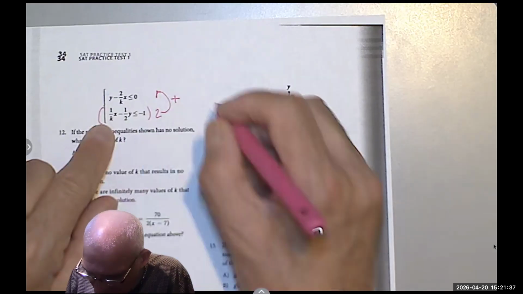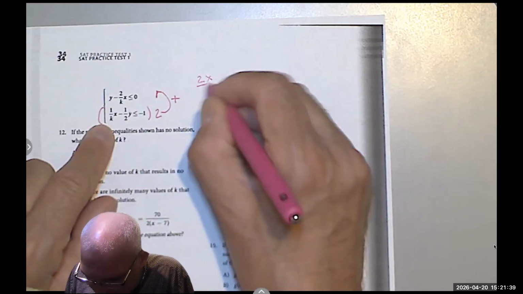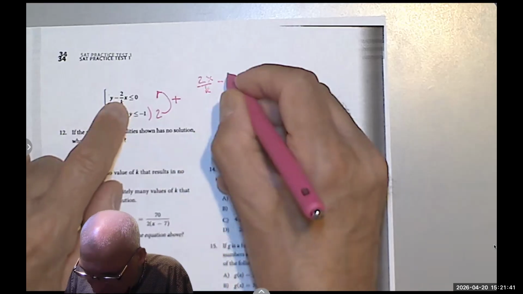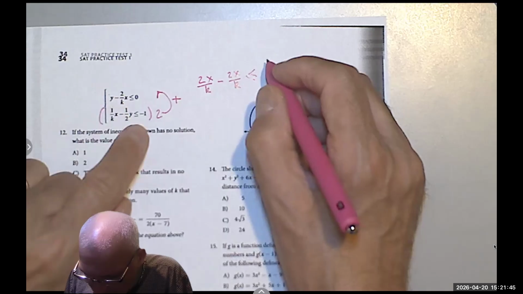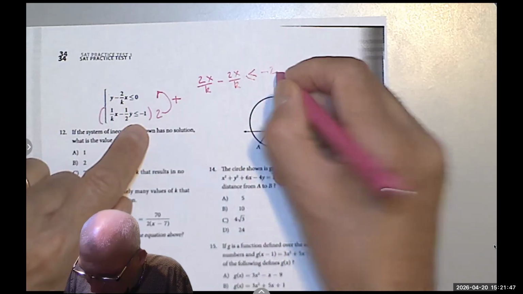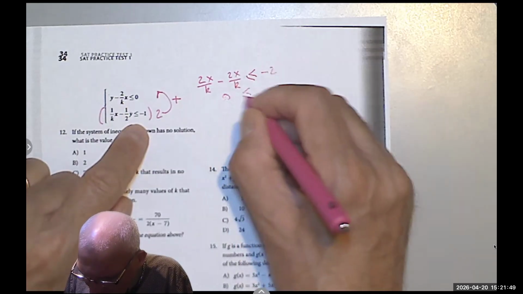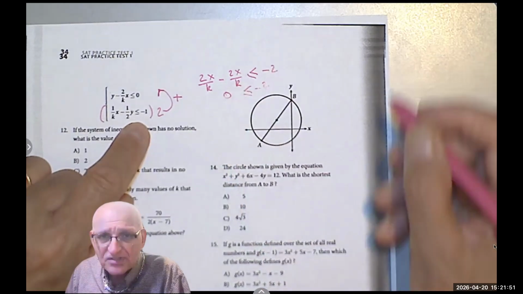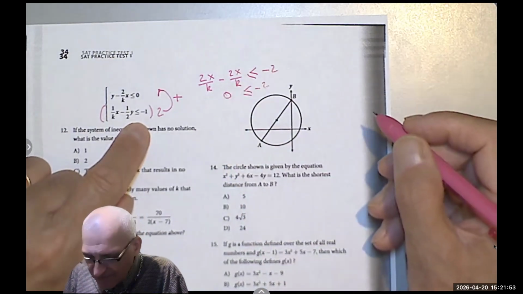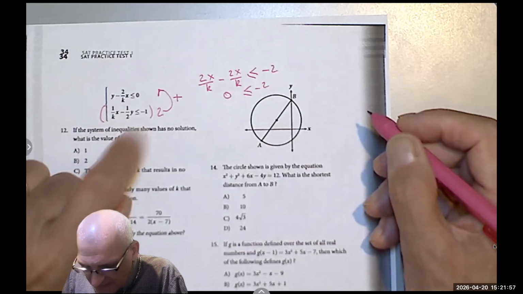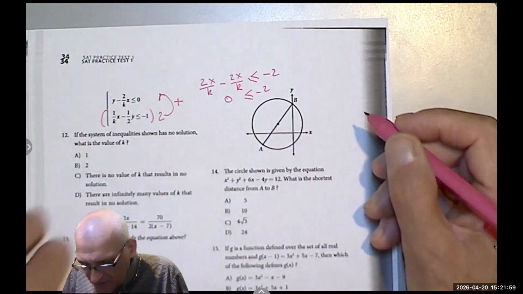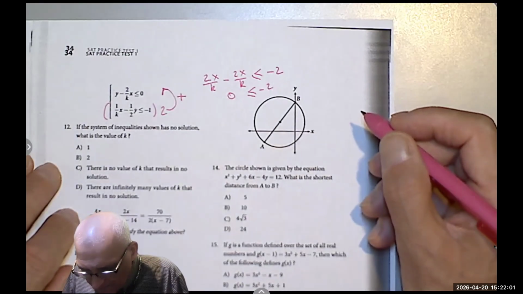Then I have 2x over k minus 2x over k is less than or equal to -2. 0 is less than or equal to -2, which is an absurdity. No, 0 is greater than -2. So there is no value of k that would make this inequality work.